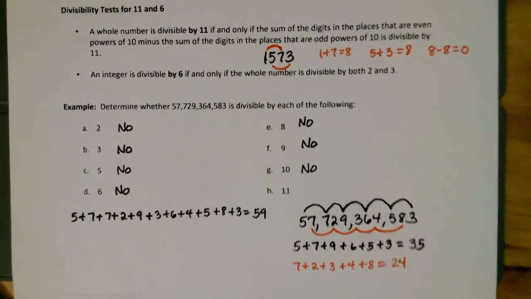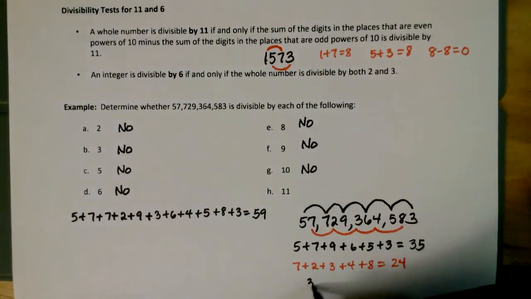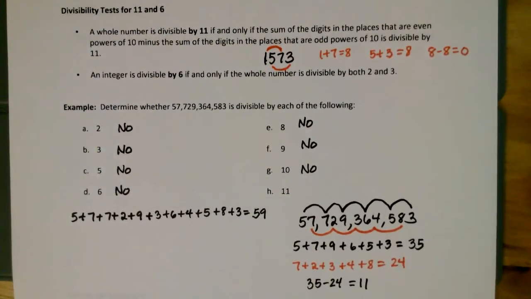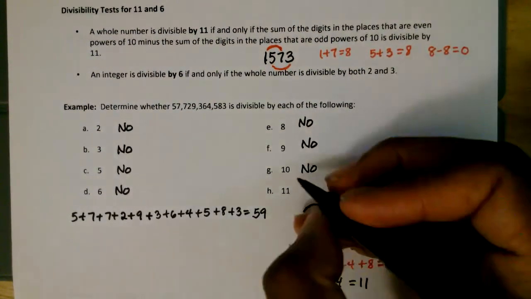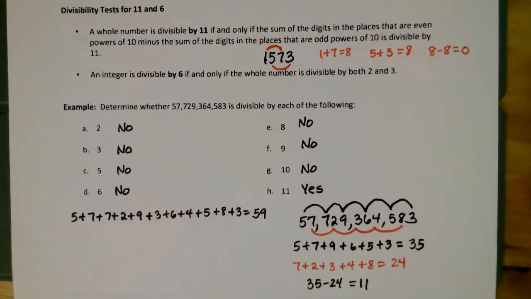Now I'm going to subtract those two sums, 35 minus 24. That's going to end up being 11. And 11 is divisible by 11. So that means that this large number is divisible by 11.